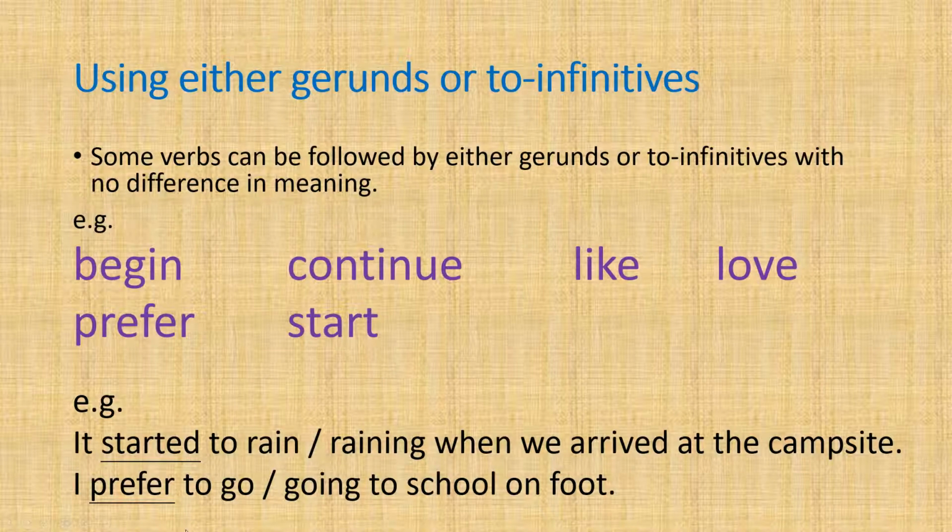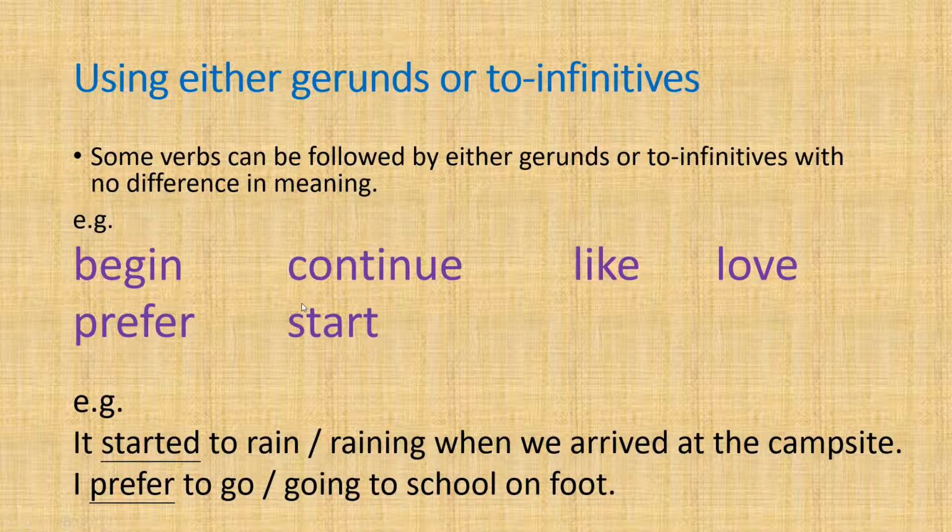I repeat, it started to rain, or it started raining when we arrived at the campsite. Both are grammatically correct. Example 2. I prefer to go, or I prefer going to school on foot. Both are grammatically correct, with no difference in meaning, totally the same.